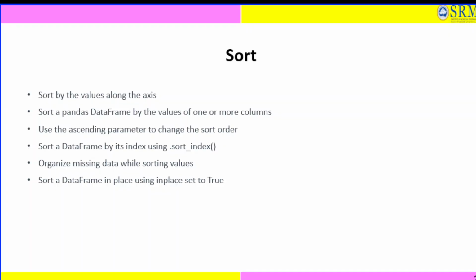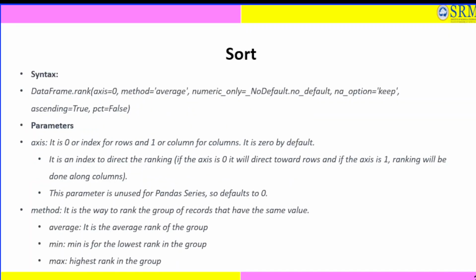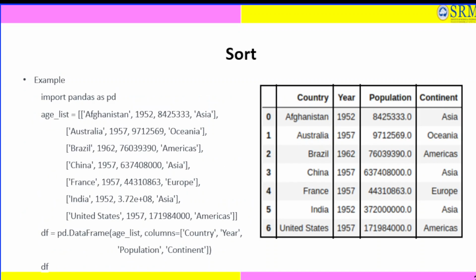You can also sort using the sort underscore index method. The na position parameter is used to organize missing data while sorting the values. You can also sort a data frame in place by setting inplace to true, which means it is going to affect the original data set. And this is the method.